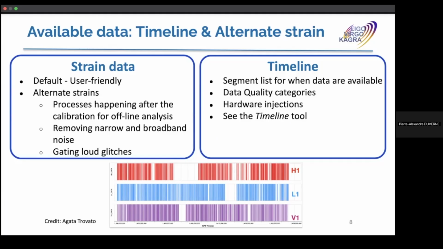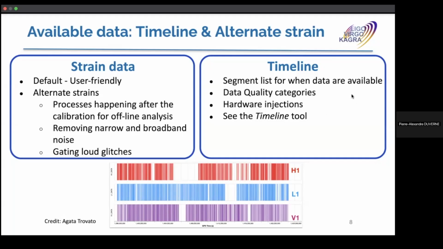Some of them are made for removing narrow or broadband noises, and others are made, for example, for removing loud transient noises that are called glitches inside the LIGO and Virgo collaboration, and that could hinder the analysis. So either on the detection side or on the analysis, for example, if you have a loud glitch on top of a gravitational wave signal, it prevents you from properly estimating the parameters, for example. And these kinds of intermediate data products are provided by LIGO and Virgo through GWOSC.